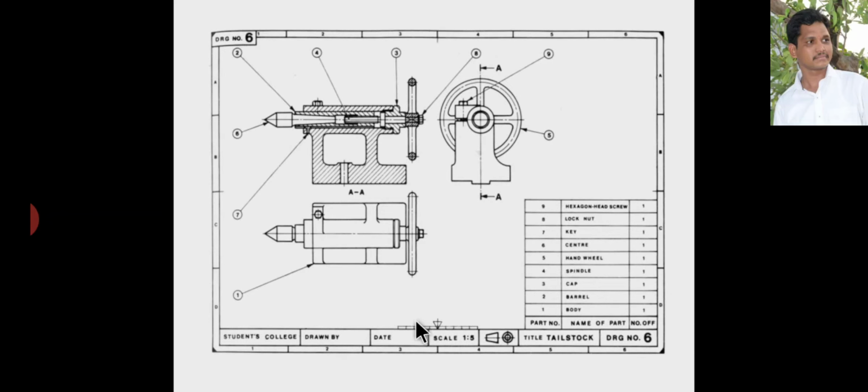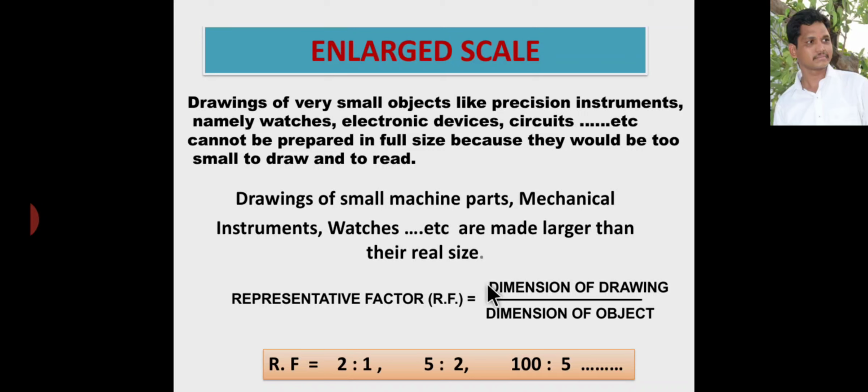Now coming to the enlarged scales. Drawings of very small objects like precision instruments, namely watches, electronic devices, circuit boards, also cannot be prepared in full size because they would be too small to draw and to read.